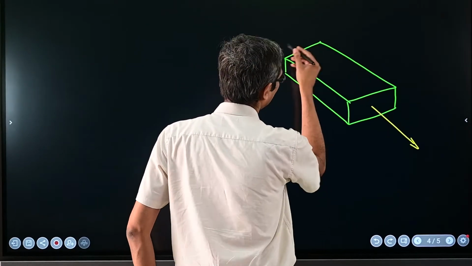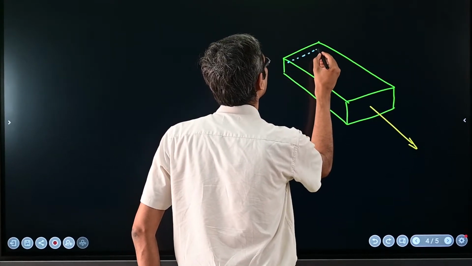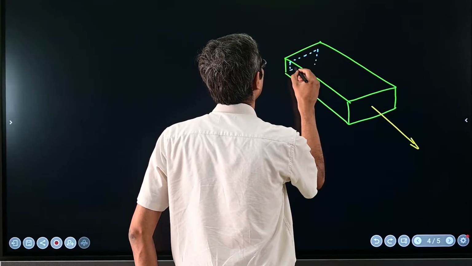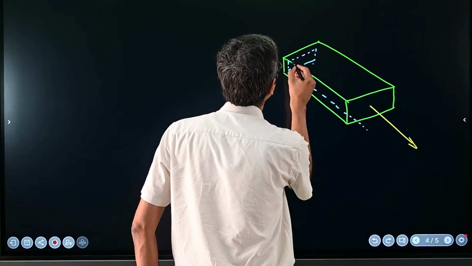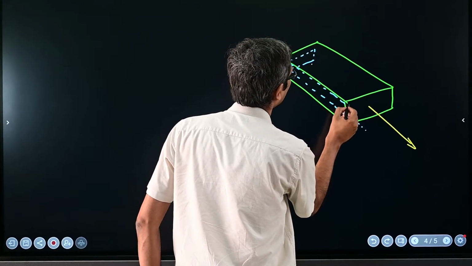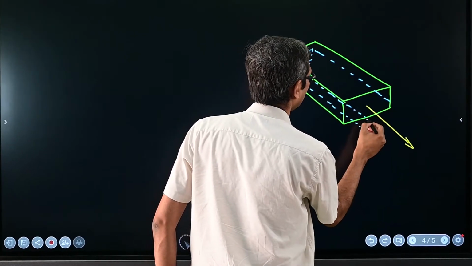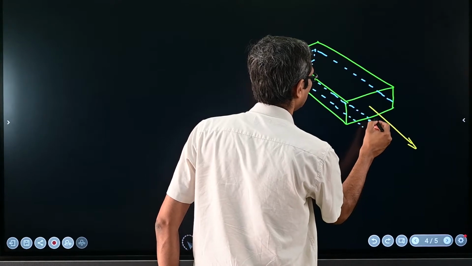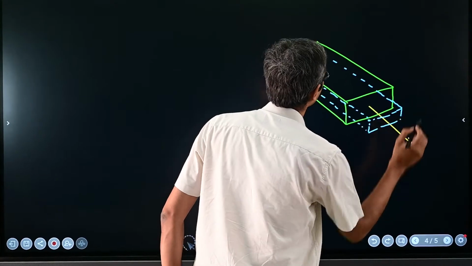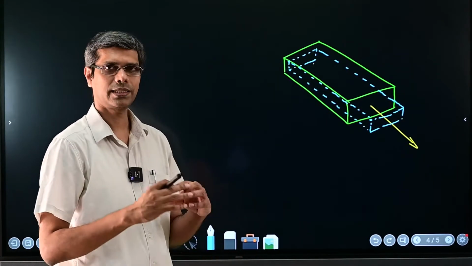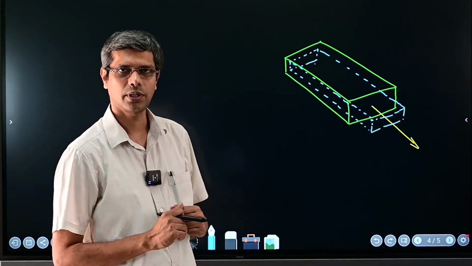So for example, suppose this side is fixed to the wall or something, so then it will become a smaller version of this, and then maybe it will be like that. So lengthwise it has increased, but width and depthwise it has reduced, okay.